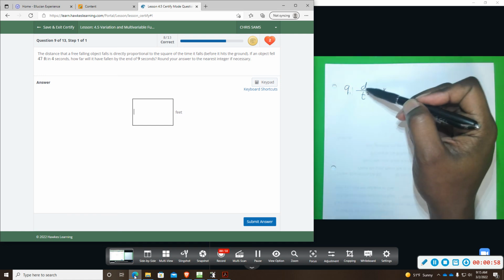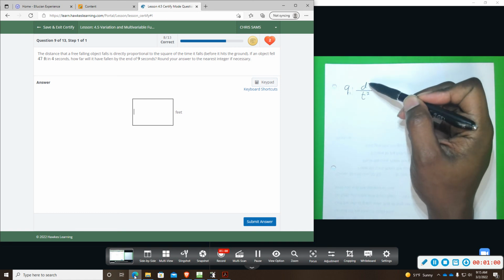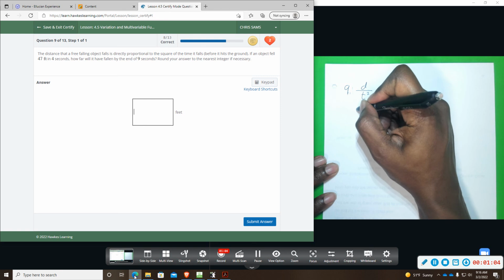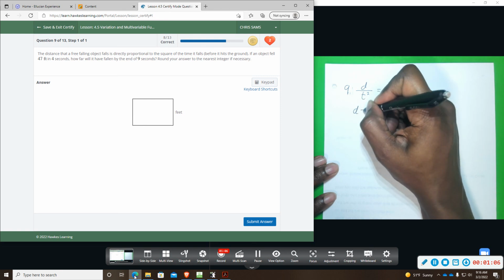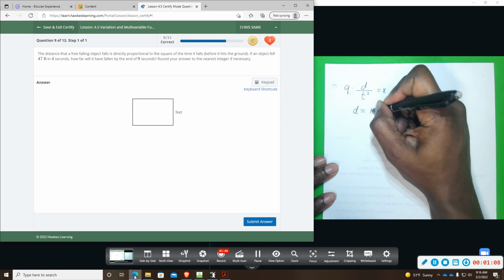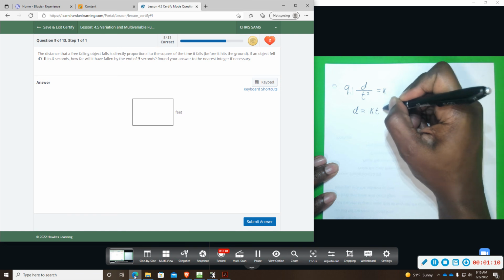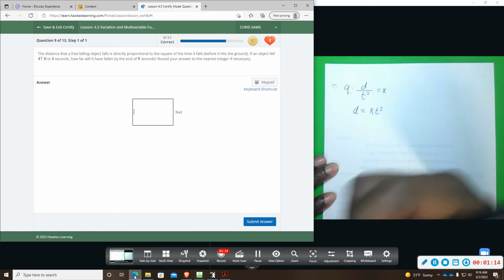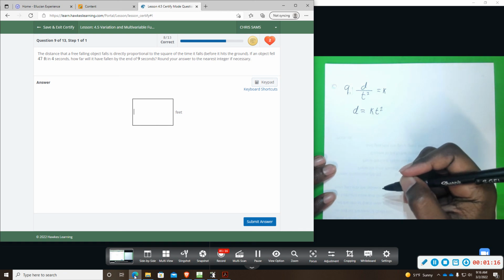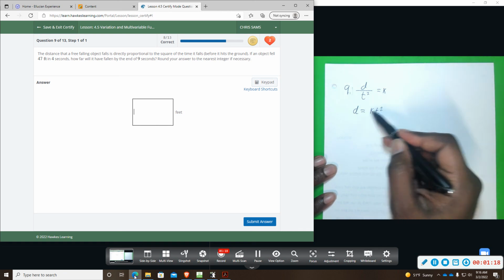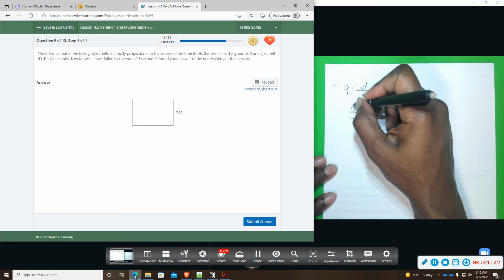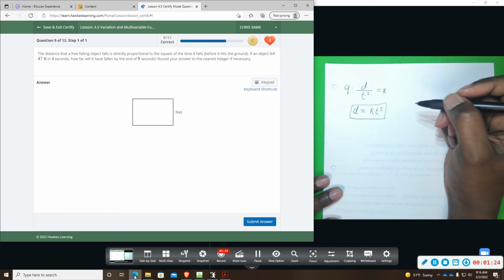Whenever you see directly proportional, you can also write that as direct variation. So you could also write it like this: D equals K times T squared. You would get the same thing if you multiply it by T squared. So that is what gives you the setup. I'm going to write it like this: directly proportional, as in direct variation.